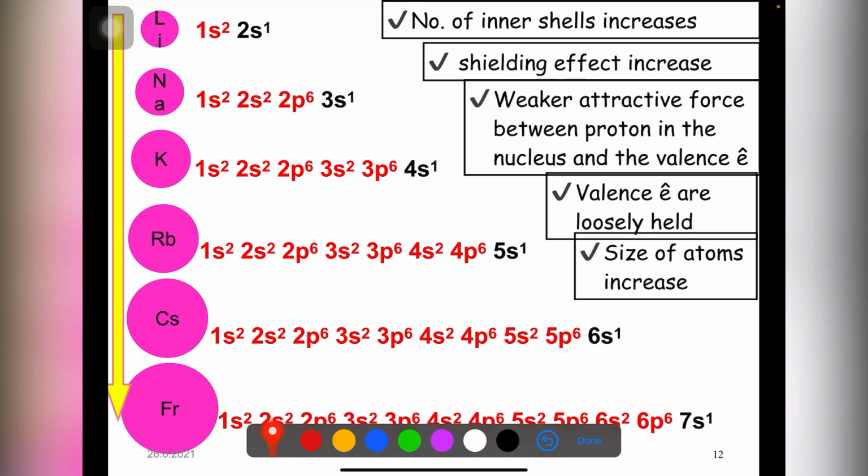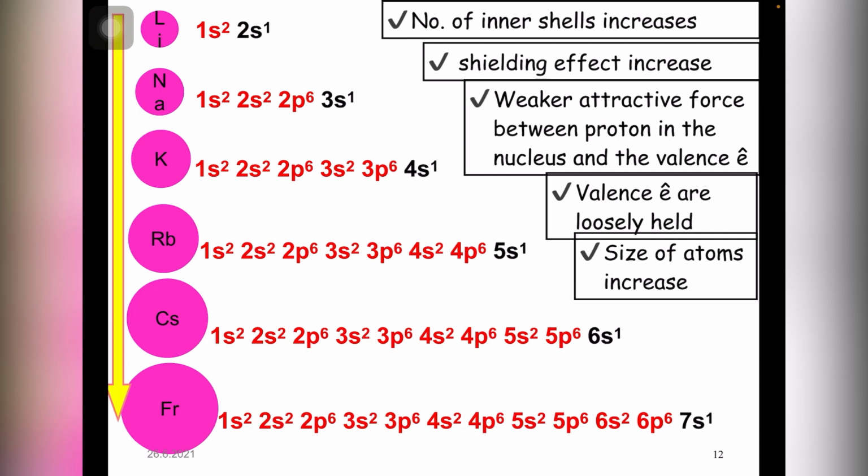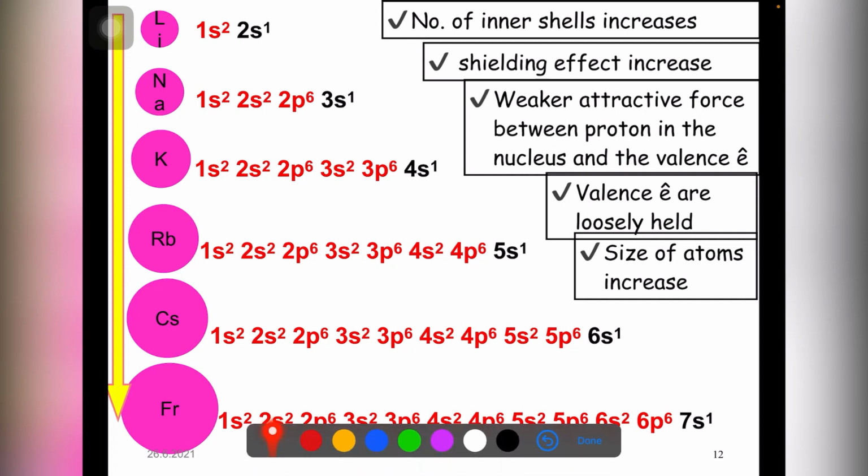Okay, let's see the elements for group 1. We have lithium here, which should be Li, with the i at the right side, not below. Then we have sodium, potassium, rubidium, cesium, and francium.